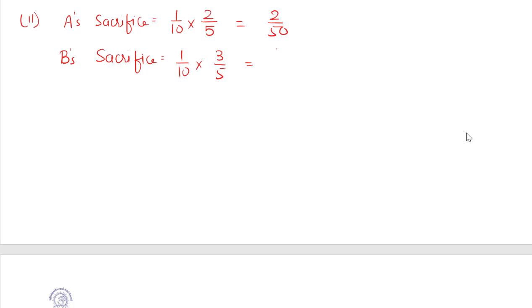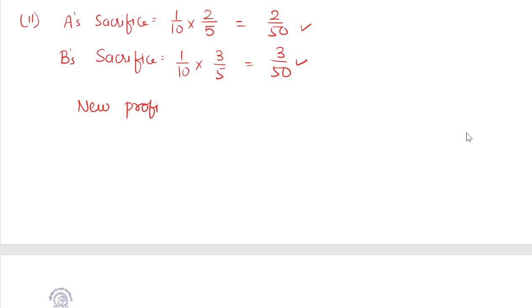A's sacrifice is 1/10 multiplied by 2 by 5, so this would be 2 by 50. B's sacrifice is 1 by 10 multiplied by 3 by 5, so 3 by 50. This is the sacrifice, 2 by 50 and 3 by 50.